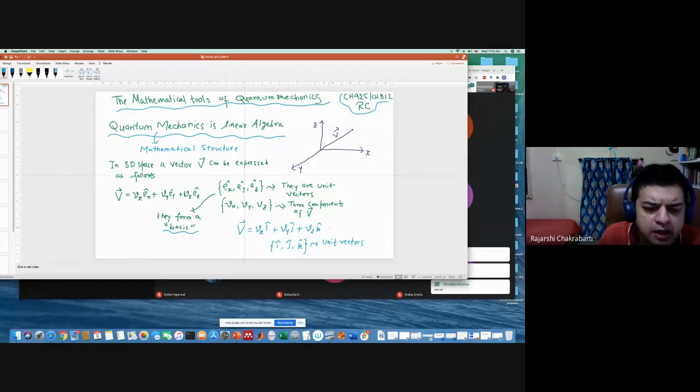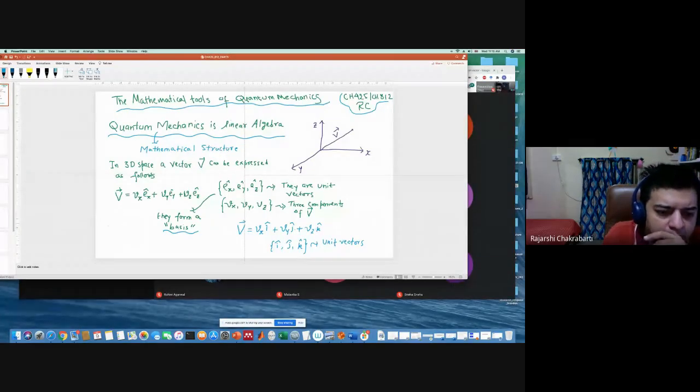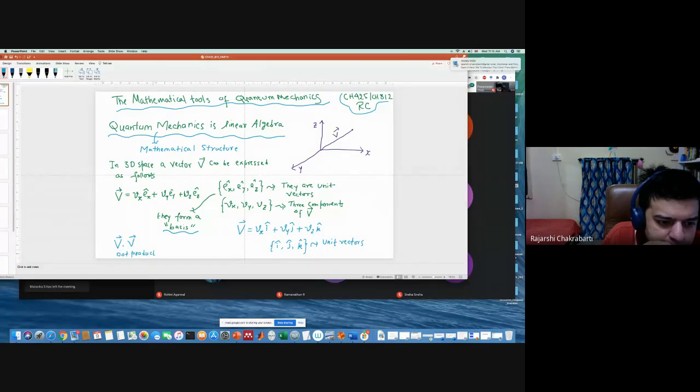Okay. Now, this is in 3D. Also, you know a few things. For example, if I take a v and take a dot product of v with v, this is called the dot product. What will be the answer? Can anyone tell me?